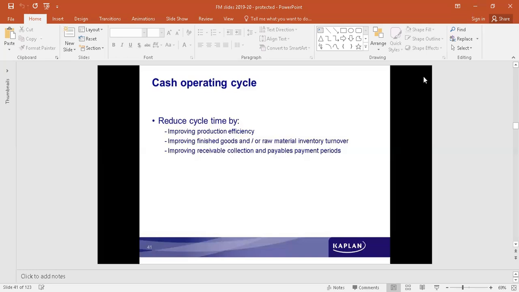It is not that the amount should be settled on day one. Take it until the day end and then pay the amount. So the cash operating cycle can be reduced when they quickly convert the raw material into finished goods, and these finished goods are very quickly sold. Turnover is sale.